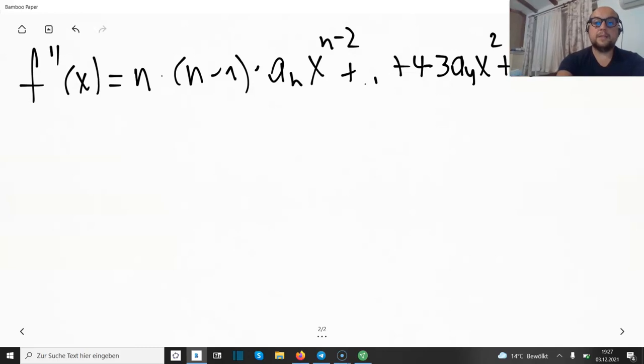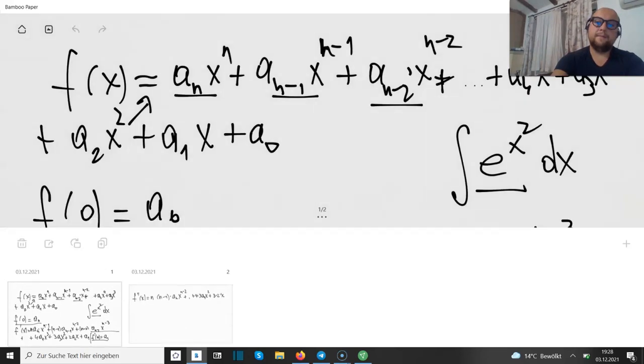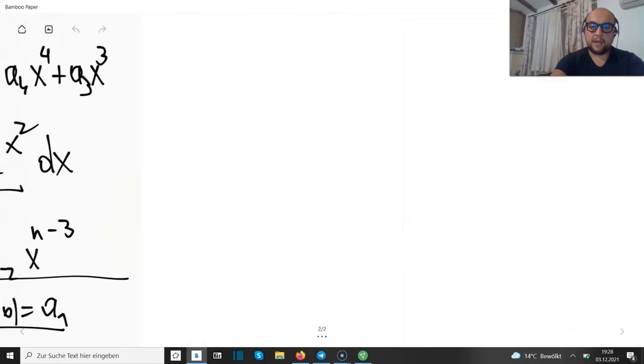That would be just x, and the expression with the previous expression with a1, let's see it here, it's 0. So we got 3 times 2 a3 x.